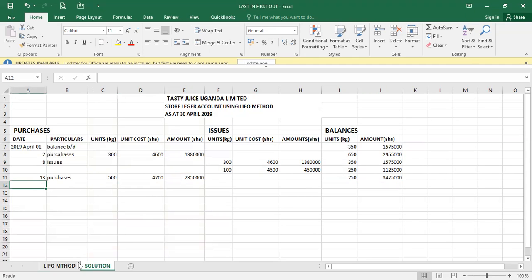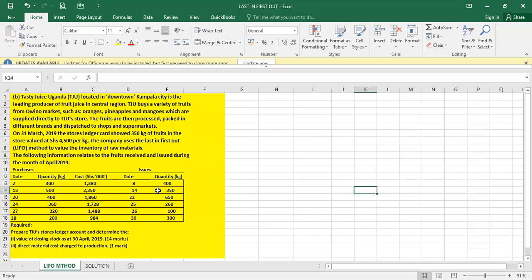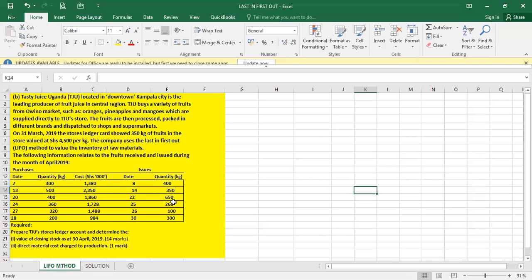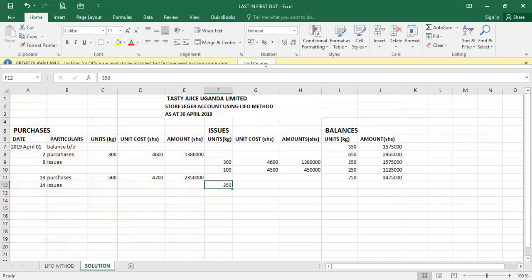Then we go to the next date, which is 14th. There is an issue of 350. On 14th, we issued, these are issues, 350. We first see what we purchased earlier here. We bought 500, so we are going to issue at the latest cost.